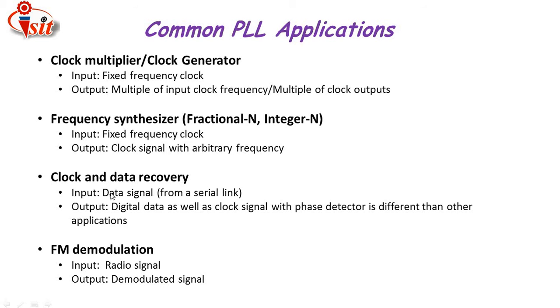Thus these are the four important applications commonly used for PLL. Once again, I have shortly summarized them: clock multiplier and clock generator, frequency synthesizer used as a fractional N or integer N generator, then clock and data recovery, and fourth FM demodulation.